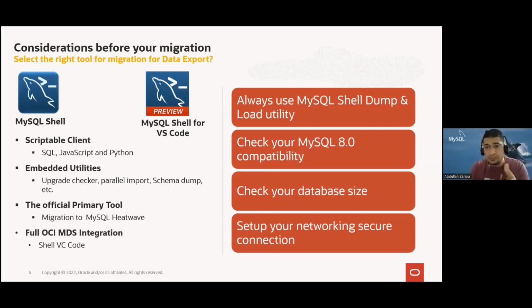We have a lot of materials and links available on how to connect OCI with Google Cloud. In my demo, I'm using the public endpoint for Cloud SQL to connect to my HeatWave system.